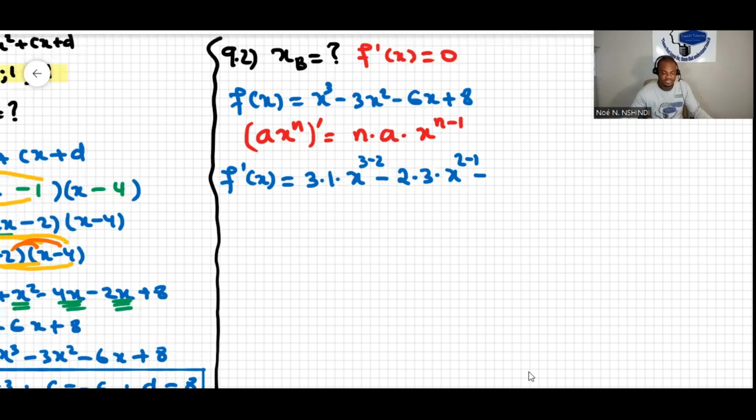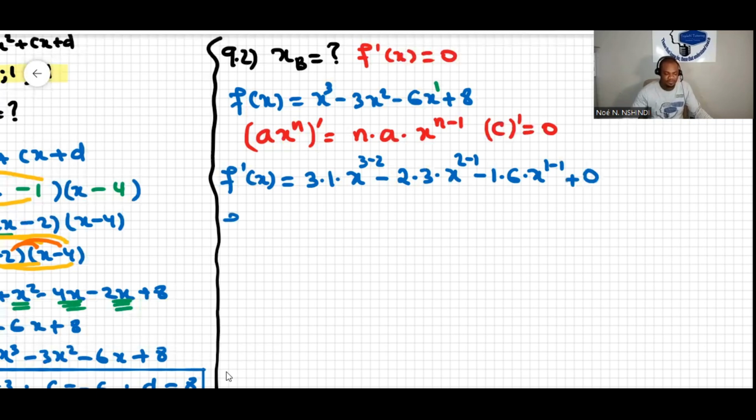Minus 6 means it has an exponent of 1, so this will be 1 times 6 times x to the power of 1 minus 1. And the derivative of any constant is just equal to 0. So over here, the derivative of 8 is just 0.